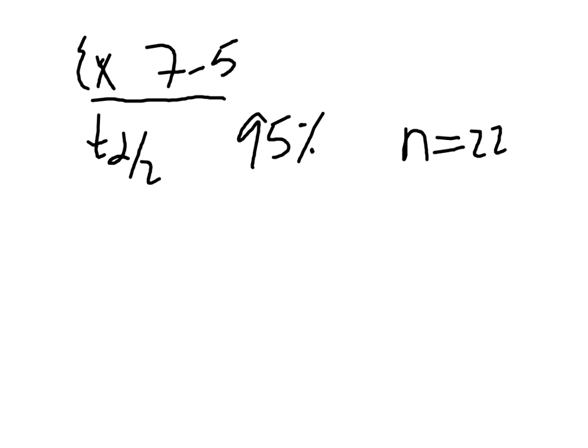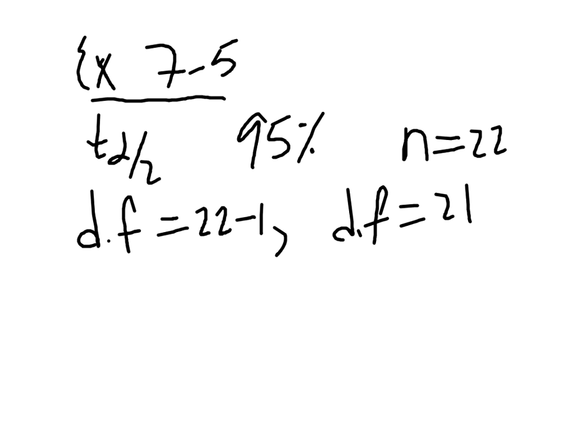If the sample size is 22, then our degrees of freedom equal 22 minus 1, or 21. So now we would go into the tables and find the 95% confidence interval.